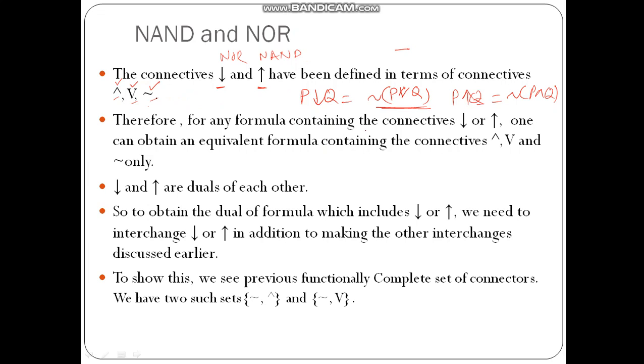Therefore, for any formula containing the connectives NOR or NAND, one can obtain an equivalent formula containing the connectives conjunction, disjunction, and negation only.